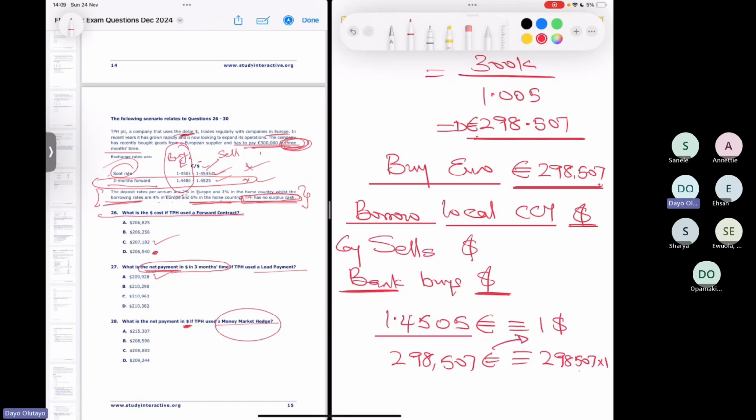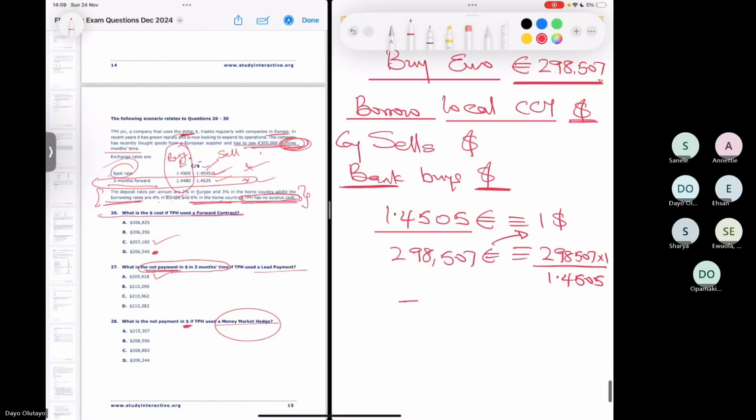I'm not charging my iPad. It won't go off, but we're almost done. Divided by 1.4505. In that case, I know the dollar amount I must borrow. That's that divided by 1.4505. So I have to borrow 205,796 dollars.